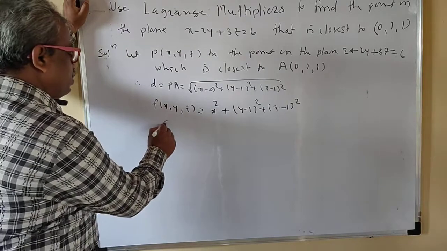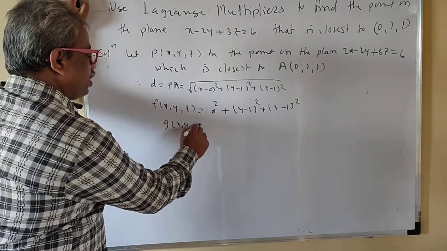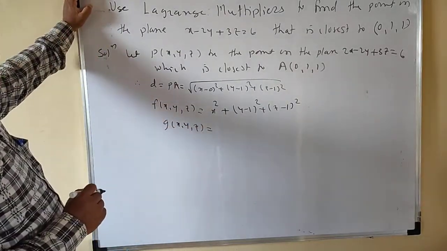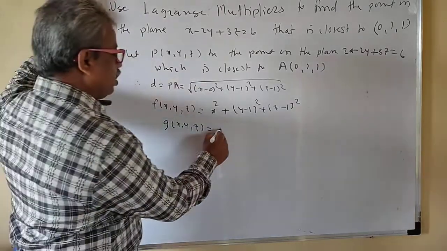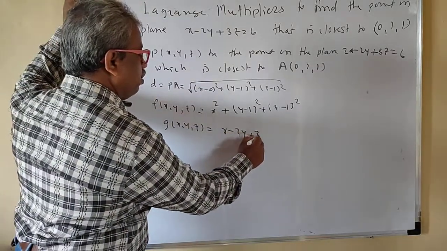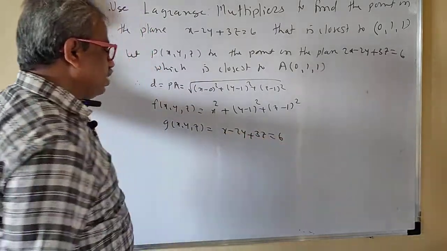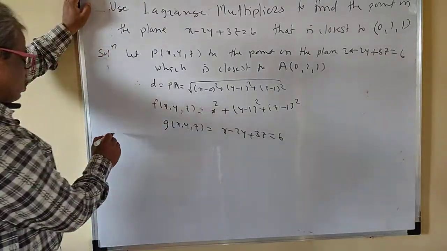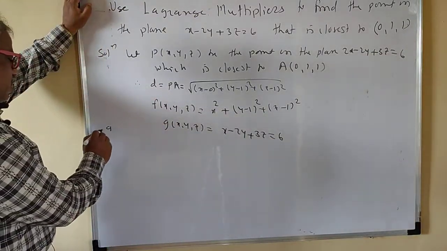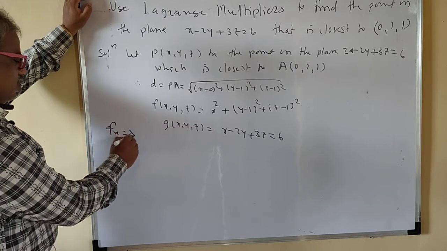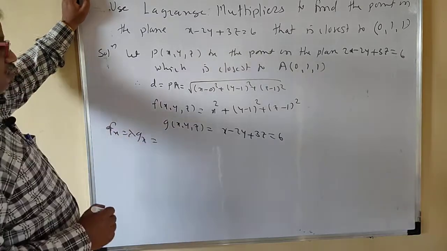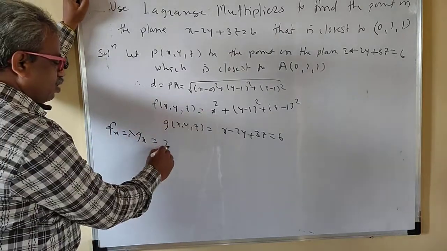Okay, so g of x, y, z is what here? That is the plane, x minus twice y plus 3z is equal to 6. Okay, so then fx is equal to lambda gx. So your fx is twice x.